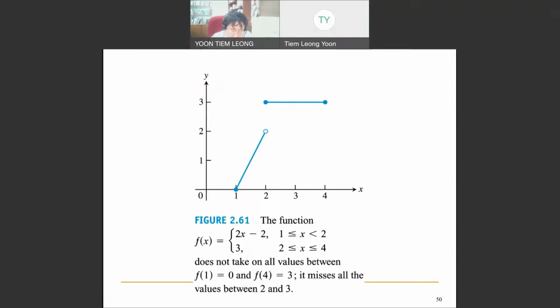So then you can try to apply this idea to these functions. You have a function that looks like this.